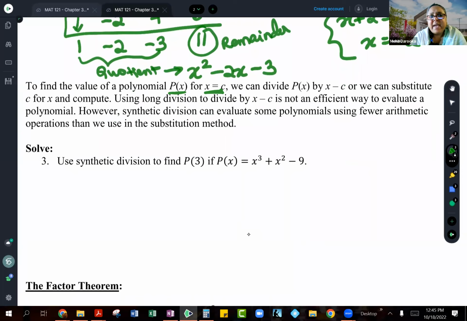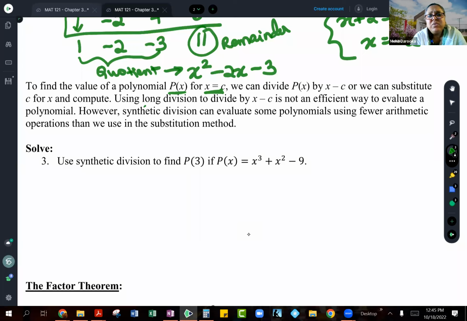The answer you get should be the same as your remainder. And we saw that in the remainder theorem. So that will work in these examples also where you're doing synthetic division. So that remainder theorem that we looked at obviously works for all types of polynomials. Just keep that in mind.